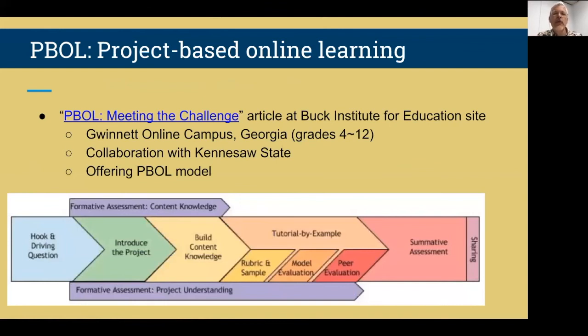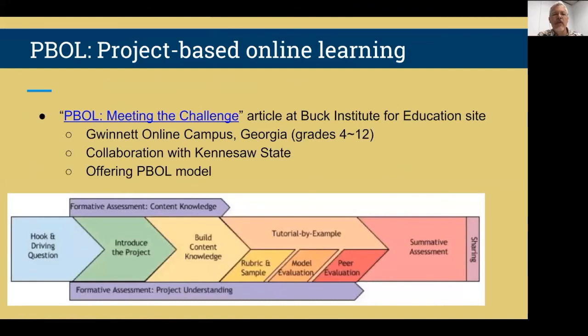So evaluation is sort of scaled away from the teacher as they go. And then this tutorial by example stage of the project would probably cycle several times because the project will have different pieces that need to be completed. Finally, there is a summative assessment, and then the product is shared.